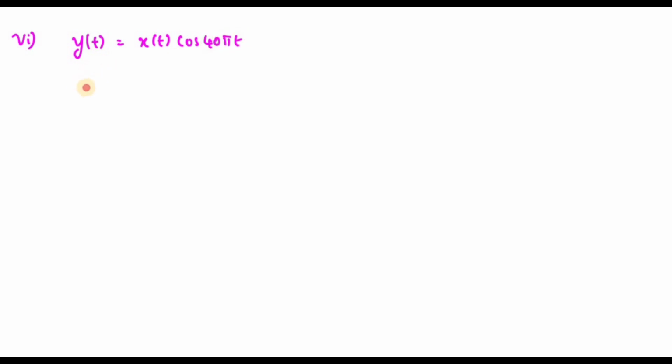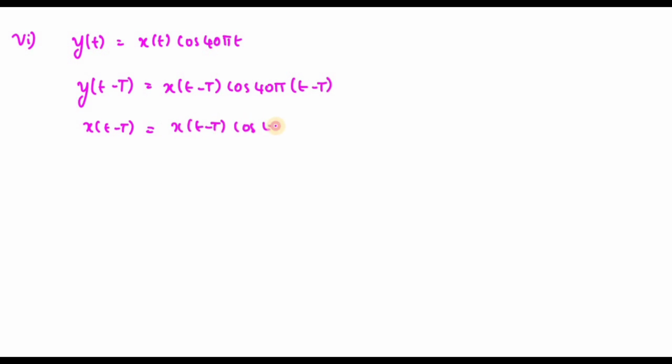If I replace t by t minus T, I will get x of t minus T cos of 40 pi t minus T. Whereas if I replace only x by t minus T, I will get x of t minus T cos of 40 pi t. So here y of t minus T is not equal to x of t minus T. So it is time variant, right?